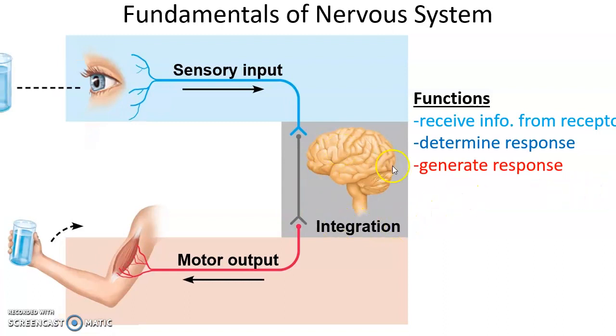The second functional breakdown is within the central nervous system, within the brain. That is the integrative function. That is where information is processed and it is determined whether a response is needed or not.